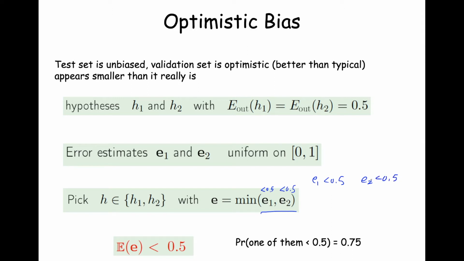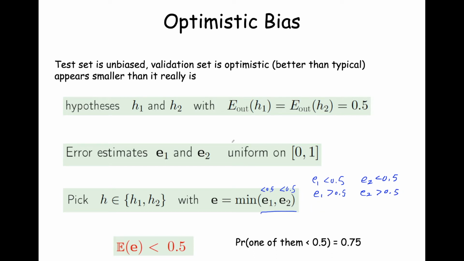We also consider all the other scenarios that can happen. We can have E1 greater than 0.5, while E2 is greater than 0.5. Now, of course, for that case the minimum is going to be greater than 0.5.